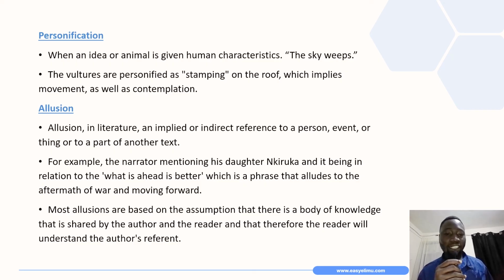It means that the first name they were to give their child was Zik, but they changed their minds and decided to name their daughter Nkiruka, meaning what is ahead is better.